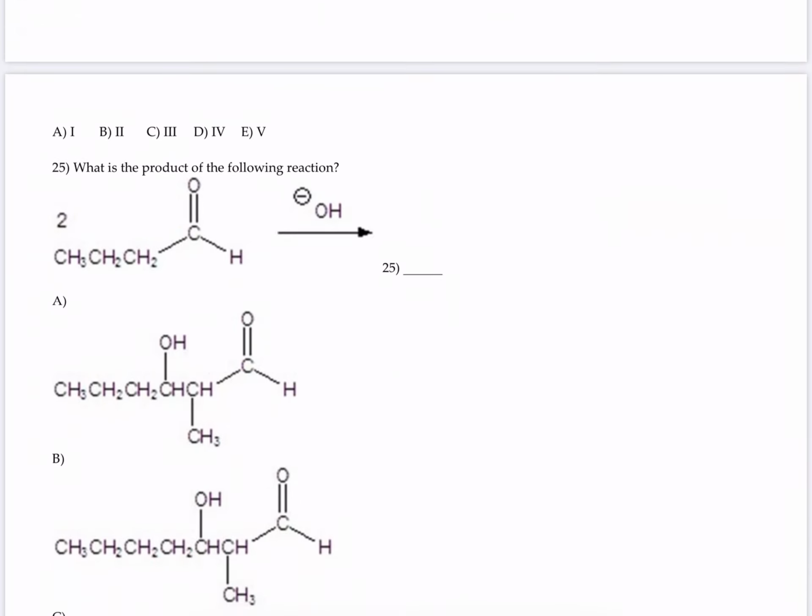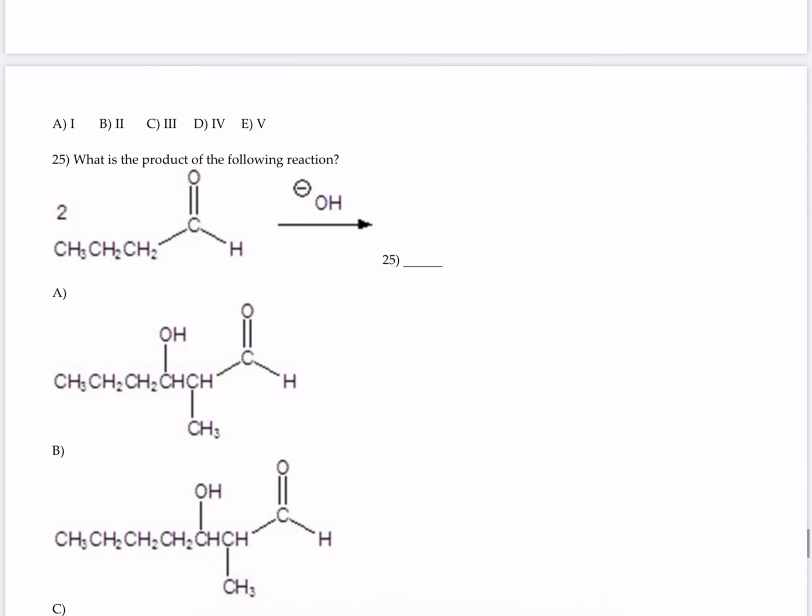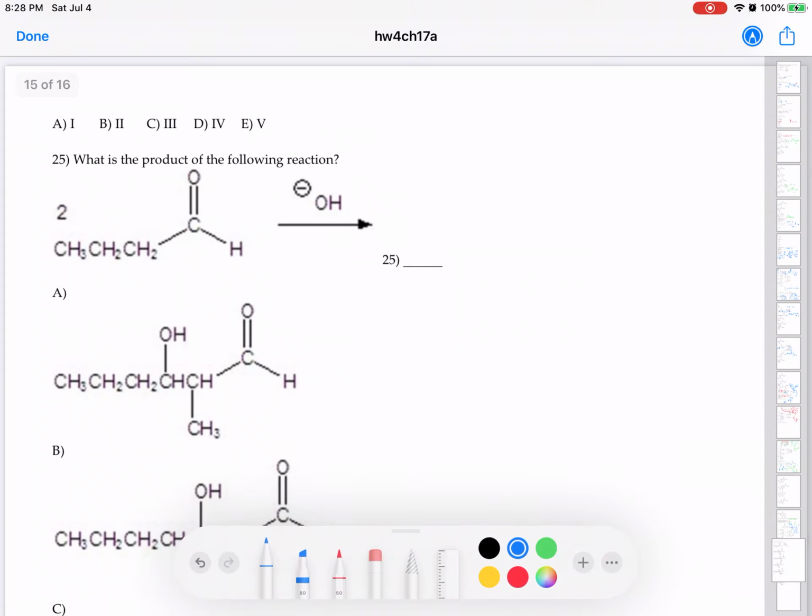Again, this is another aldol addition. Now you know how the aldol reaction takes place. So there are two molecules of these. So you can draw it. So for one molecule, you have 1, 2, 3, 4 carbons. 1, 2, 3, 4.